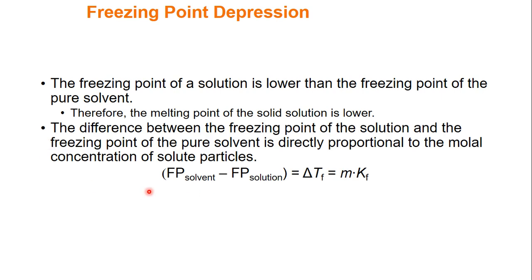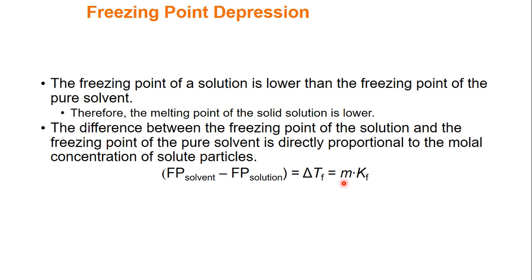The freezing point in a solution is given through this equation. The freezing point of the solvent minus the freezing point of the solution, that is the change in freezing temperature, is equal to the molality of your solution multiplied by Kf, which is a constant.